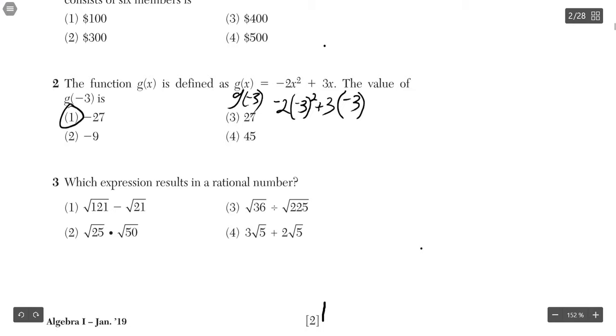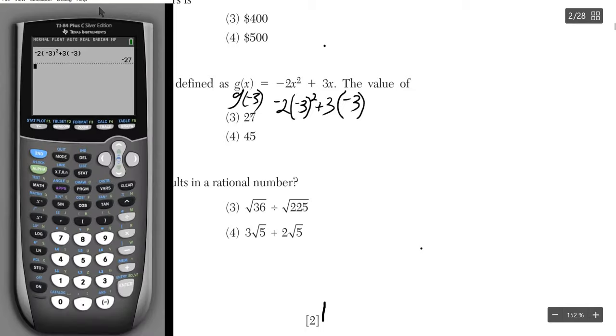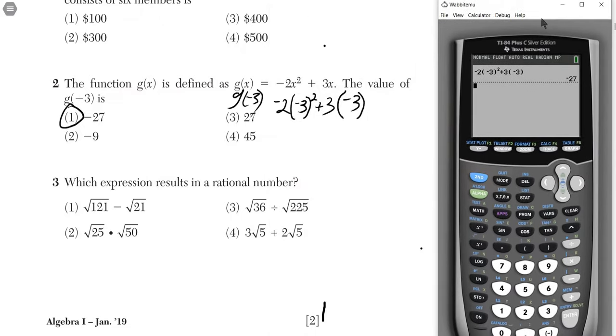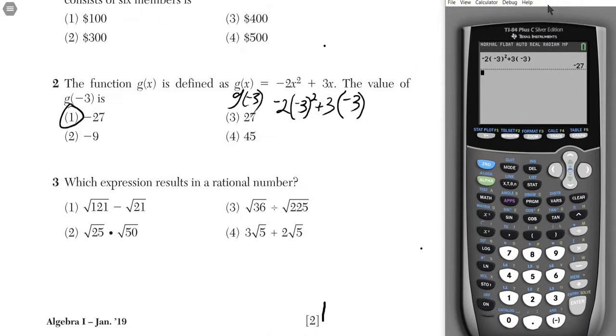Okay, this is a very useful skill, plugging in. Another way you could do it, and this is useful if you want to try plugging in multiple numbers, is you can graph it. So if I'm graphing g of x here, that's -2x squared, plugging it in exactly as they have it over here, plus 3x.